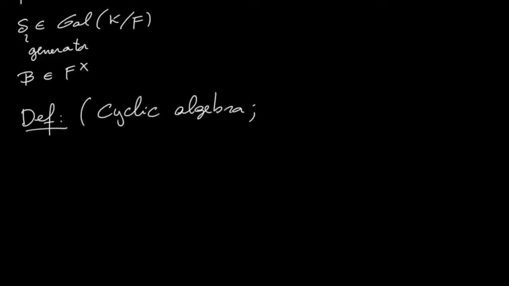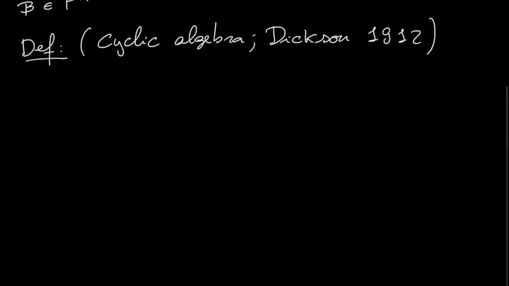These cyclic algebras were introduced by Dickson in 1912, so 100 years ago, more or less. And they are defined as follows. You consider this cyclic Galois field extension, this generator of the Galois group, and this invertible element.